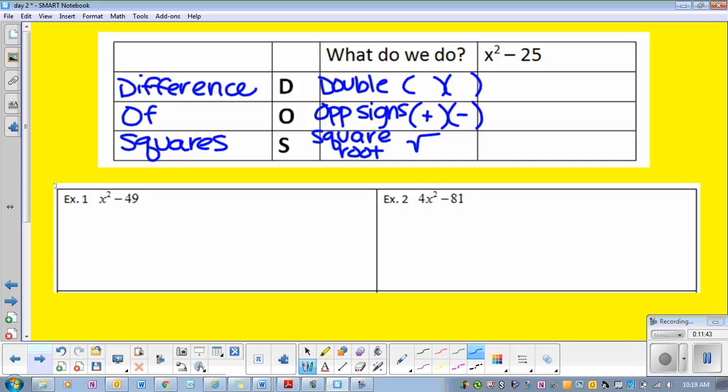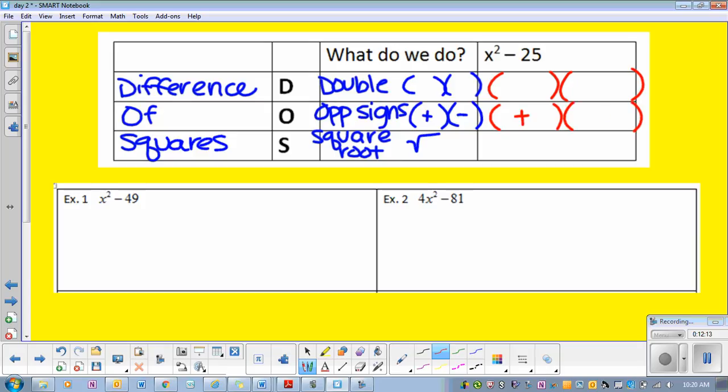Alright, so what does that mean? Well, let's put it all together. X squared minus 25. Is it two terms? Yes. Is it subtract? Yes. Are these both perfect squares? Yes. Okay, so I can use this. So I have double parentheses, opposite signs.